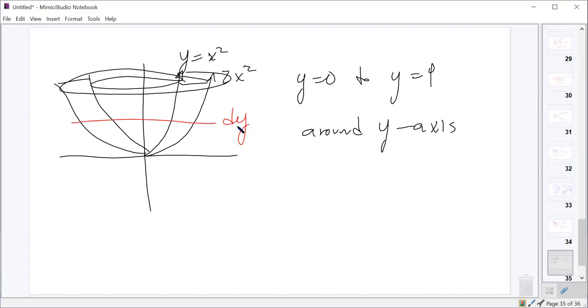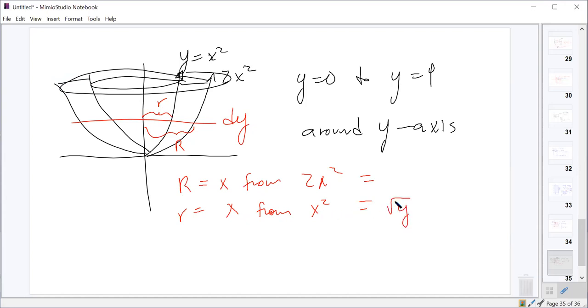Slicing it horizontally, we do it in terms of y, and we'd have to find our outer radius and our inner radius. Our outer radius would just be the x from 2x squared, and our inner radius would just be the x from x squared, all in terms of y. So the one we already just did was root y.